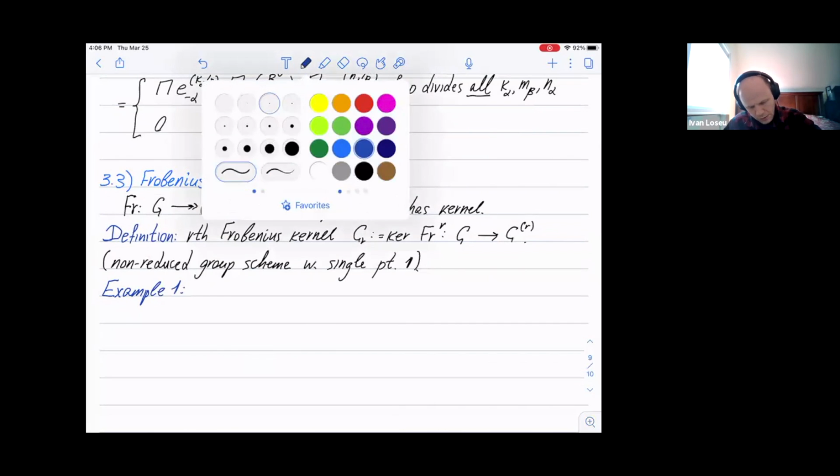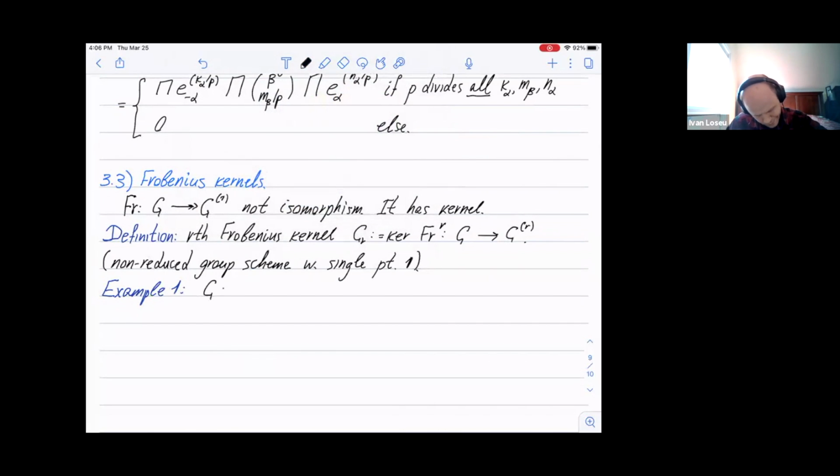So let's take the additive group and let's describe the Frobenius kernels. The algebra of functions on this group is just polynomials in the variable t. And what Frobenius to the r does is it sends the variable t to t to the power p^r.